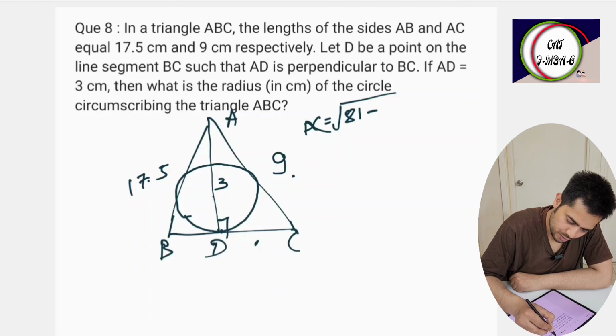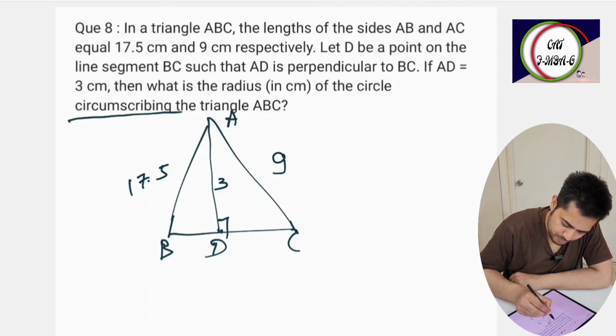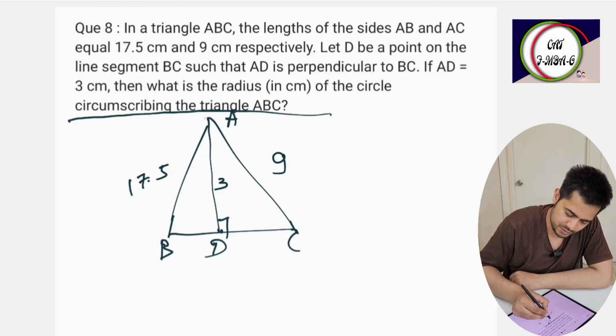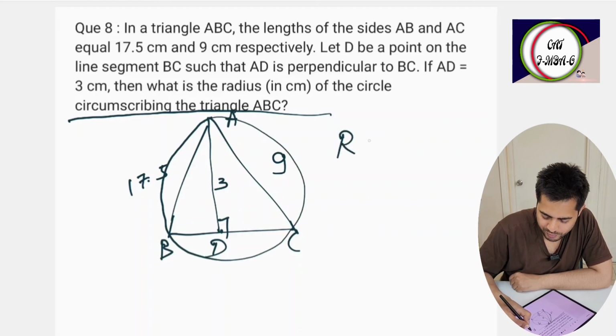We have to find out the circumcenter. Let me clear a few things. We have to find out the circumcenter because it is given that the circle is circumscribing the triangle ABC. So we have to find out big R. Big R can be given as ABC divided by 4 times area.